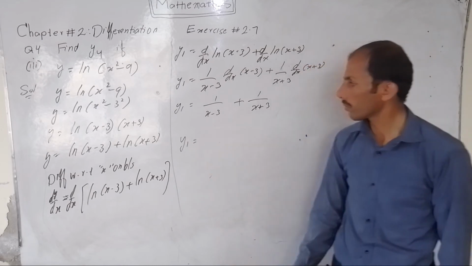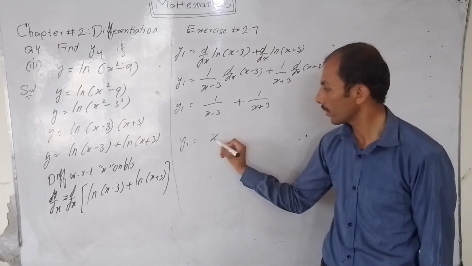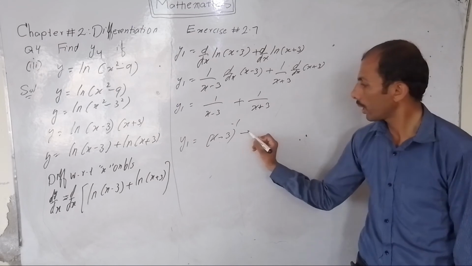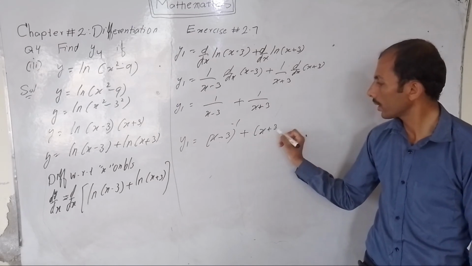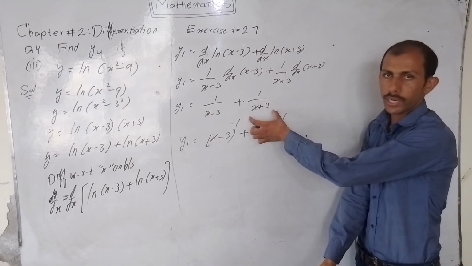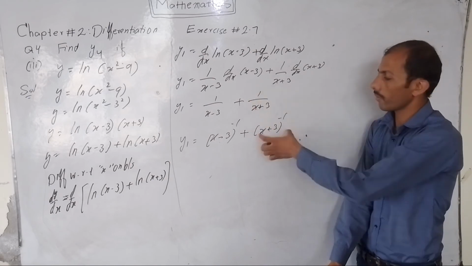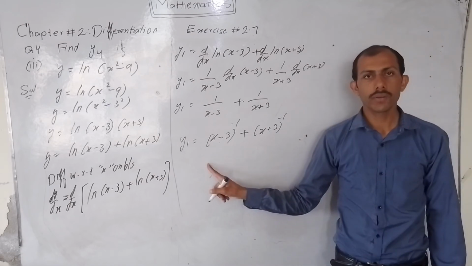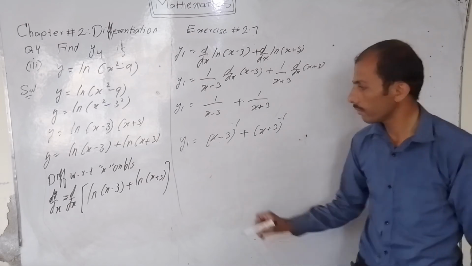y1 is equal to (x minus 3) whole power minus 1 plus (x plus 3) whole power minus 1. The denominator in numerator form, the power will be negative. Again differentiate with respect to x on both sides.